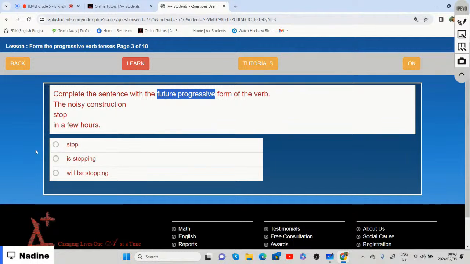Because we are making mention of the future, it is in the future, right?